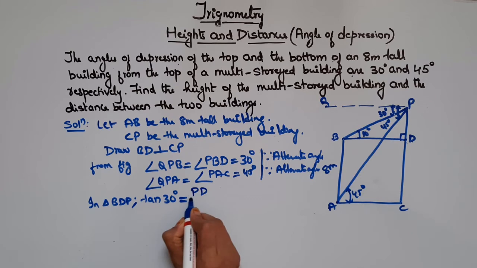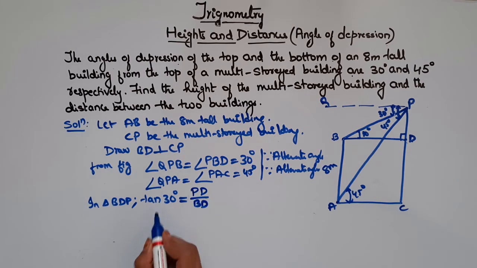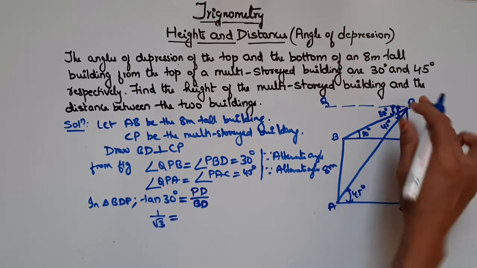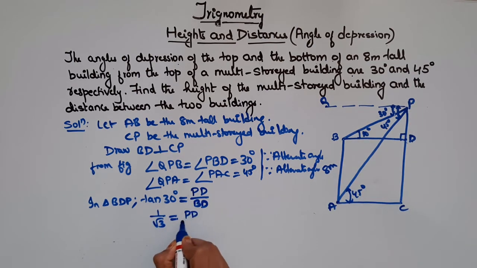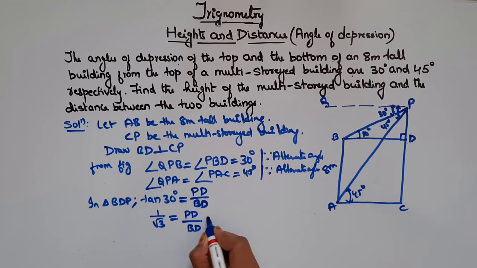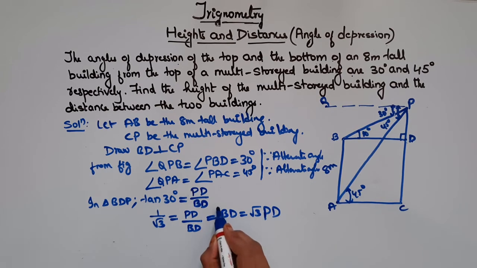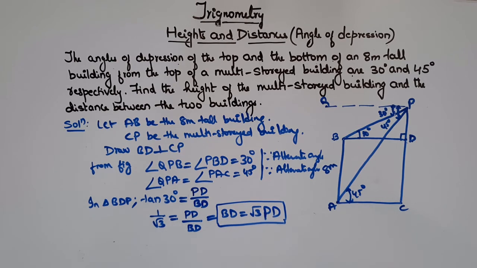So PD by BD. So tan 30 we know 1 by root 3, which is equal to PD by BD, which implies BD is equal to root 3 into PD.